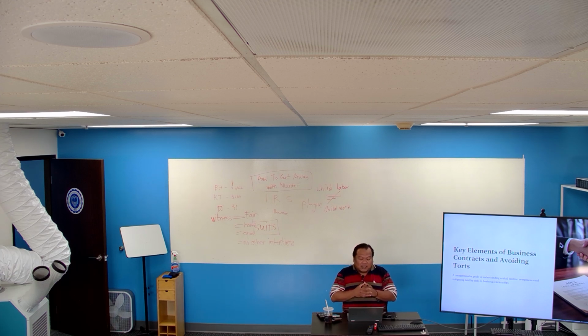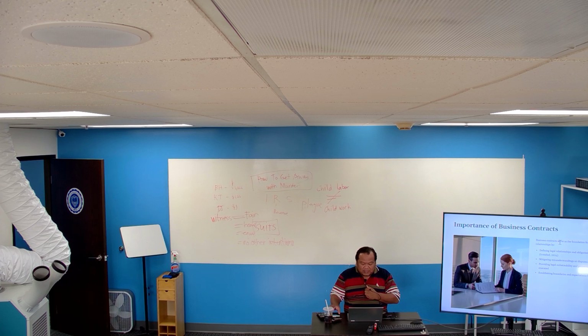And so what are the key elements in a business contract? Because if you have the business contract and if you have the proper business regulations, you can avoid torts. If not avoid expensive torts, at least make it cheaper. Okay?